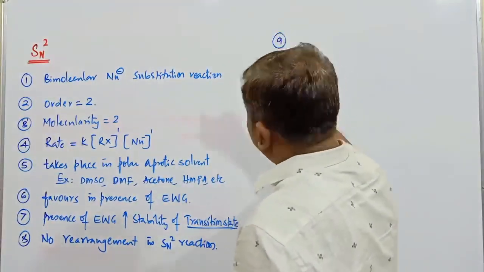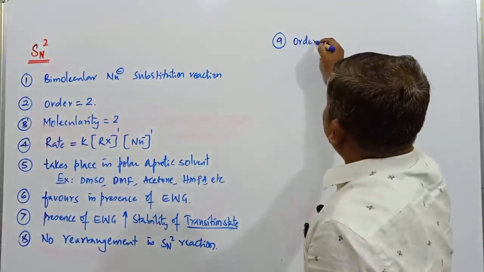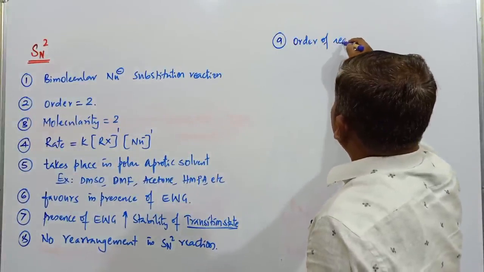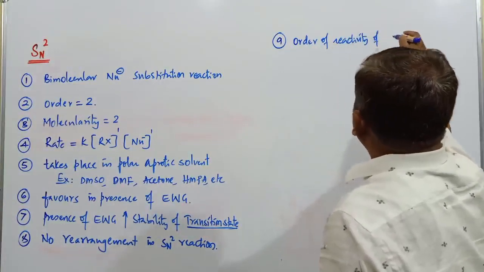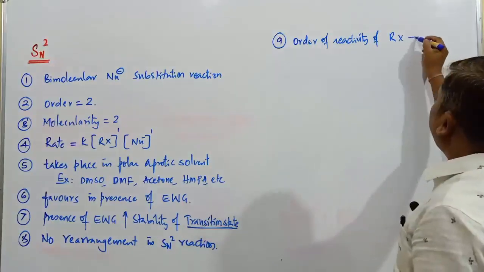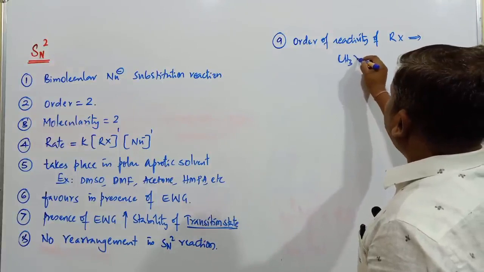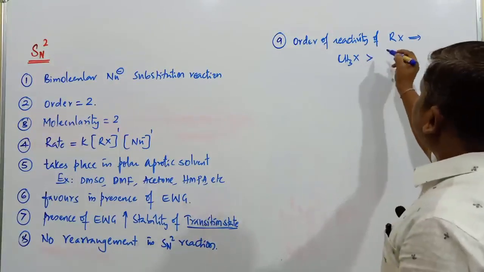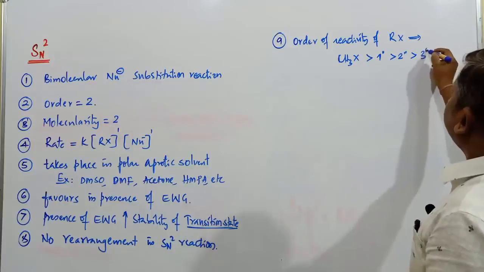Next, the order of reactivity of alkyl halides. Generally it follows as: methyl halide CH3X, next primary alkyl halide, then secondary, and then tertiary.